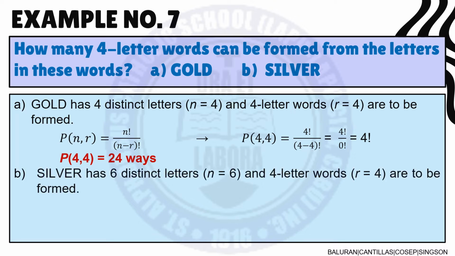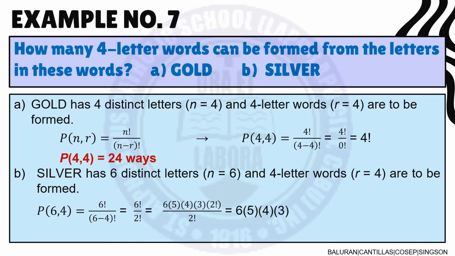For letter B, silver has 6 distinct letters. Therefore, our n is equal to 6. And since we have to form 4 letters again, our r would still be 4. Then we have the permutation of 6 letters taken 4 at a time, which is equal to 6 factorial divided by the quantity 6 minus 4 factorial, which is equal to 6 factorial divided by 2 factorial, which is equal to 6 times 5 times 4 times 3 times 2 factorial.